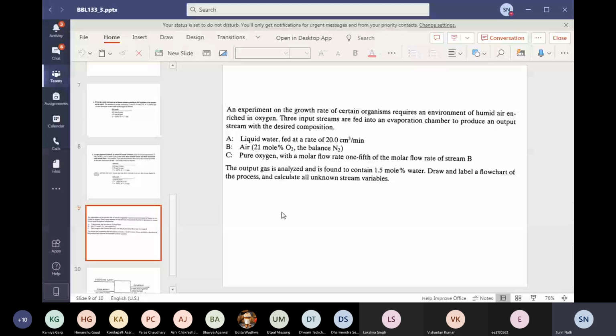That is item C. And the flow rate of that pure oxygen is also given, but in terms of the flow rate of the dry air. So in other words, he has given one variable in terms of the other variable in B. So we don't need an additional variable C, but we can express it in terms of dry air.